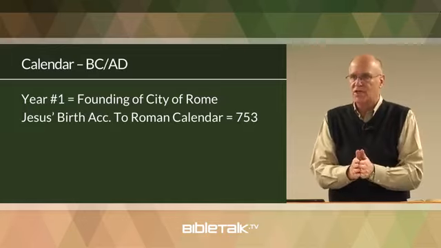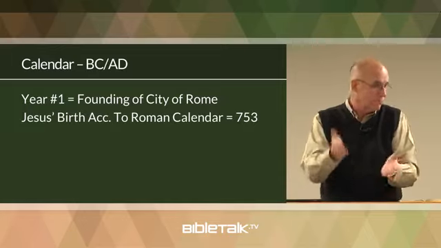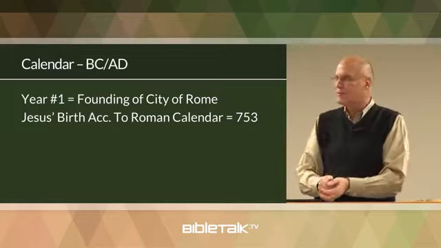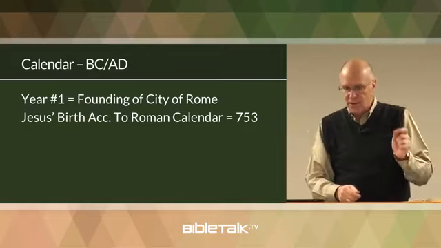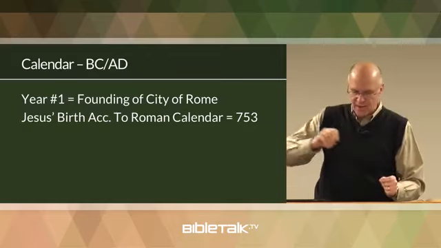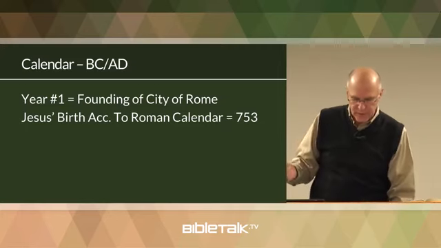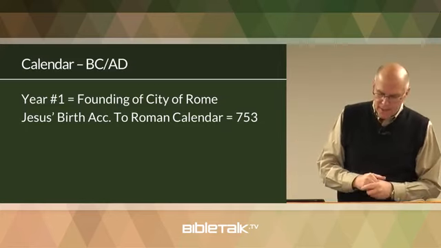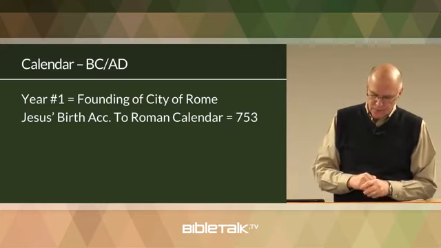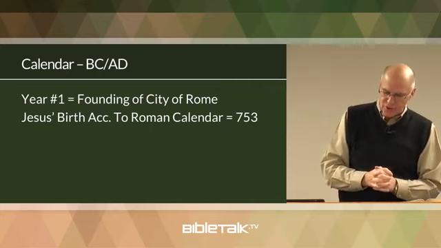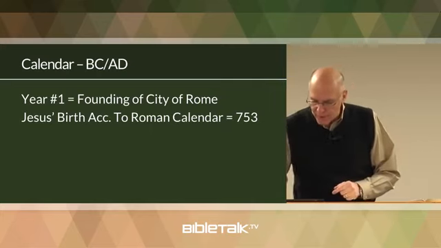Our calendar should actually reflect our religion, the birth of our Lord. So let's make the year of our Lord year number 1, and then we'll count forward, okay? And so the new dating system was established using Christ as year number 1.